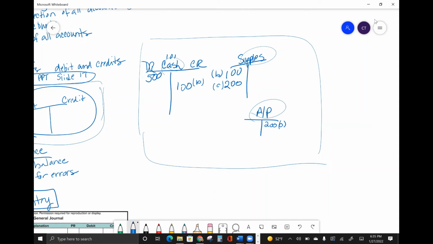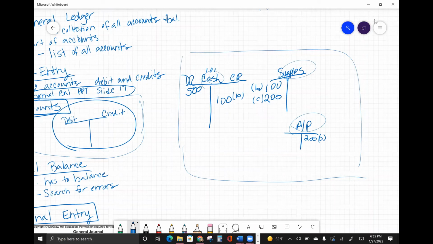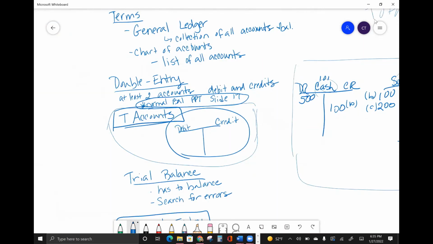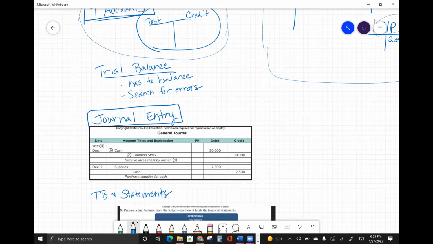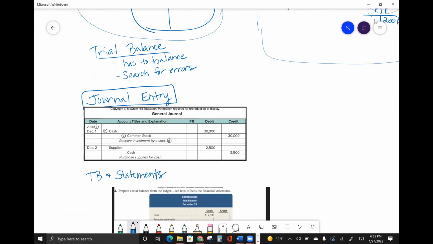So I have a credit and a debit, and it's in balance. The little T account can help keep track of what's happening in those different transactions, and it's a way to come up with a balance. I find that it can be useful when you're trying to figure out the balance in an account.